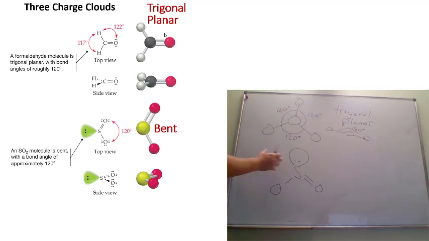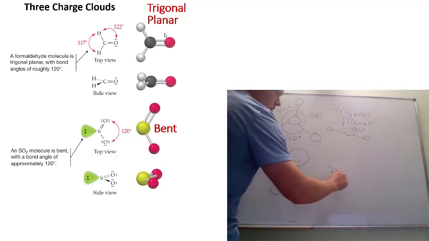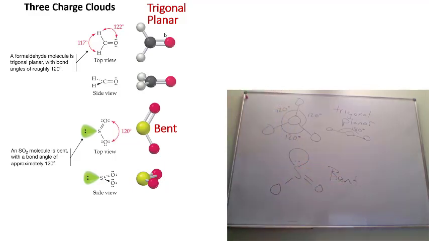So when we're talking about our daughter geometry here, or an actual 3D shape of our molecule, we don't consider the lone pair. So that lone pair we can sort of cover up with our hand, and we can see that we now have this shape that's called bent. Okay, and so this same 120-degree angle exists between all of our charged clouds still.